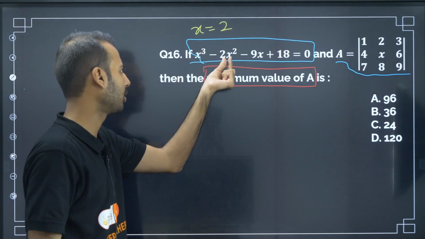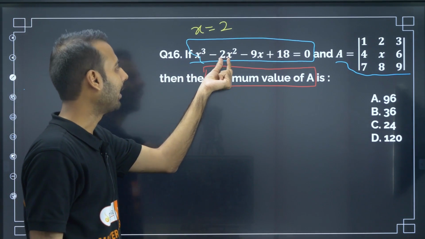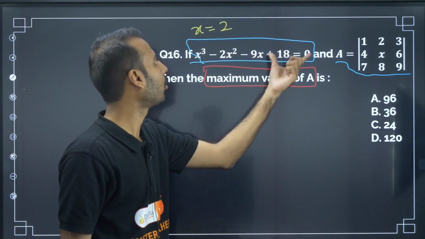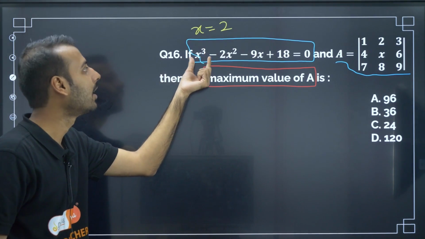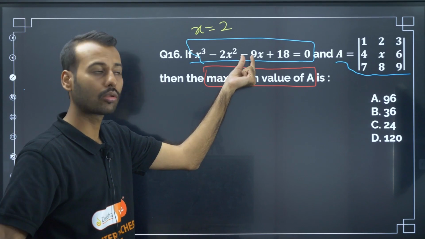If I keep 1, 1 minus 2 minus 9 plus 18 is not equal to 0. If I keep 2, 8 minus 8 minus 18 plus 18 equals 0. So x is equal to 2 is satisfying this. That means x is equal to 2 is one solution, or one root, of this equation.